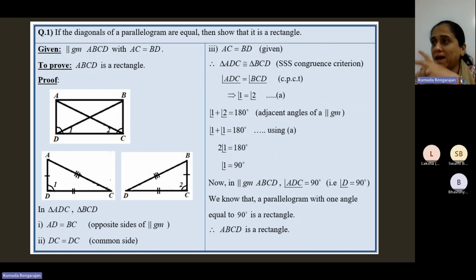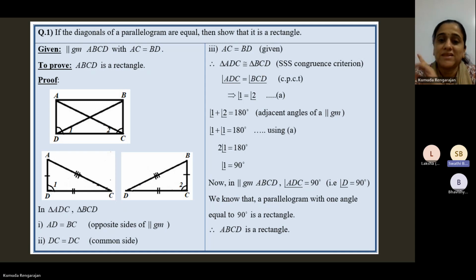In a parallelogram, we know that opposite sides are equal, but diagonals are... Bisect each other, but something else.